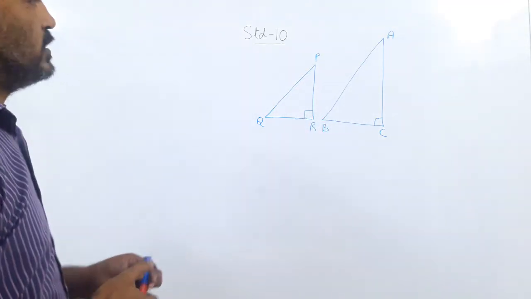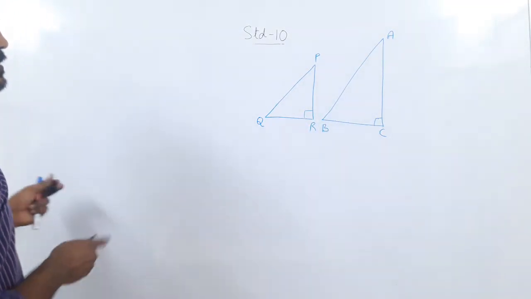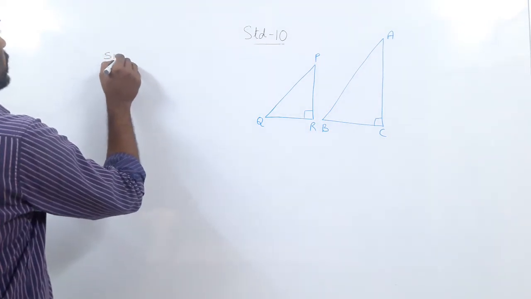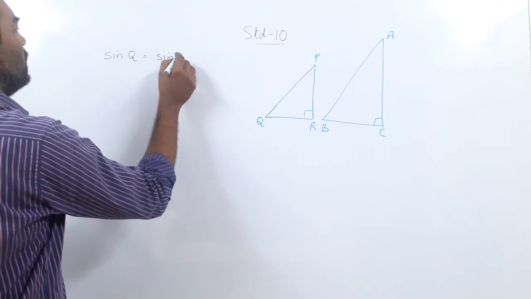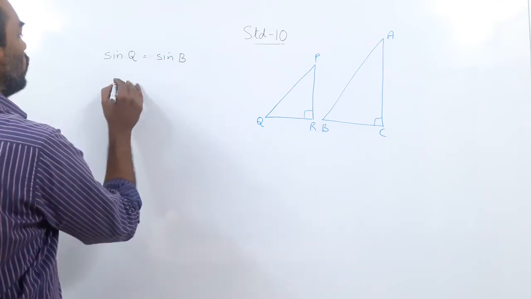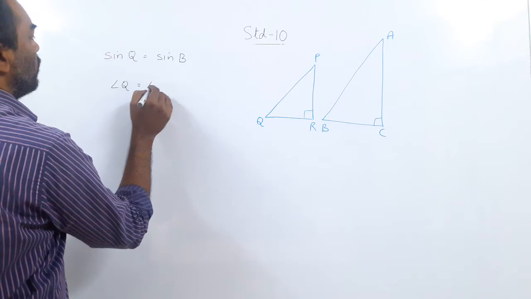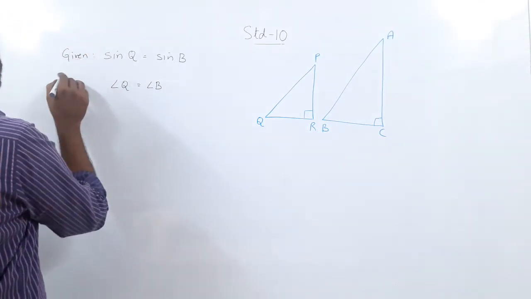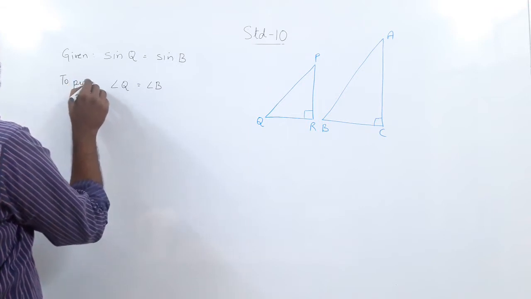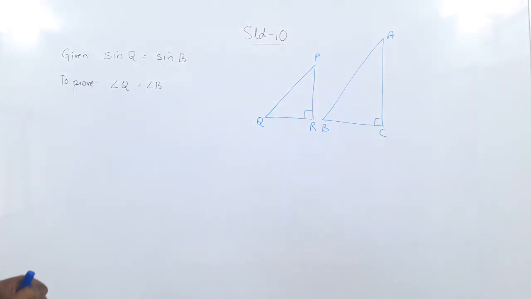Now it is given to us that sine Q equal to sine B. We have to prove angle Q equal to angle B. This is given, and this we have to understand the question first. Two right angles are given, and it is given sine Q equal to sine B. We have to prove angle Q equal to angle B.